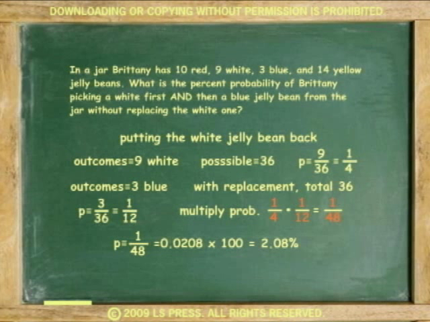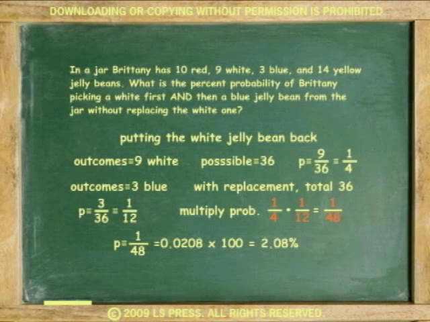Let's do it now with replacement. Suppose the white jelly bean was not to Brittany's liking and she puts the white jelly bean back inside the jar. Because the total number of beans now would remain at 36, the probability or the answer for the blue jelly bean will change.